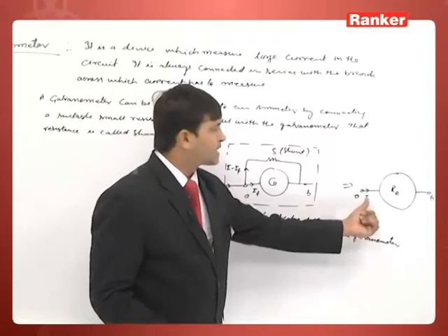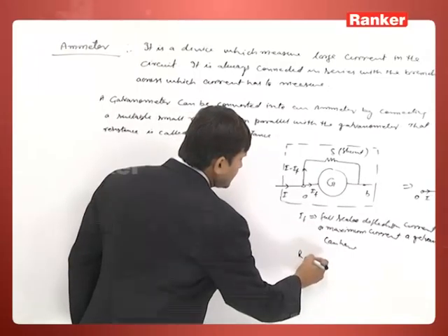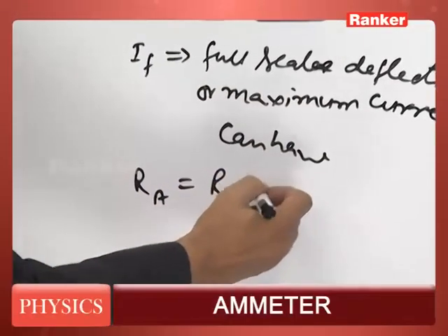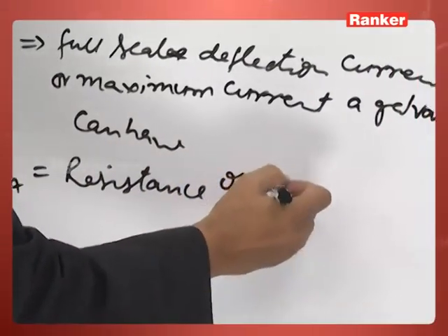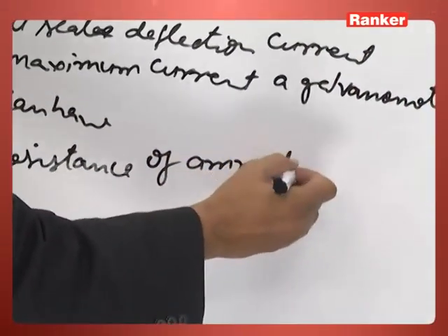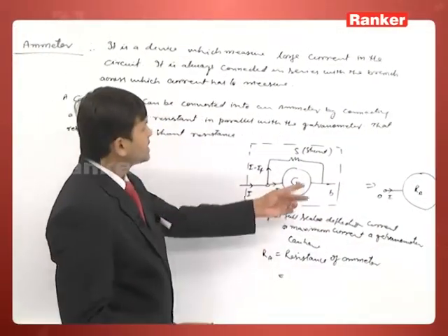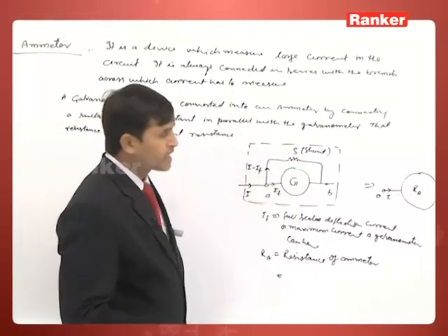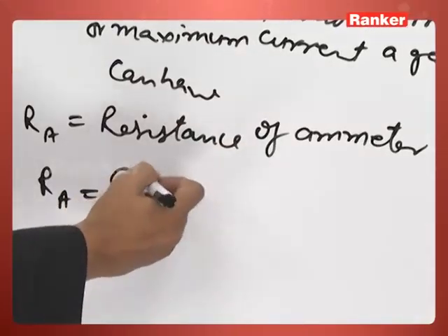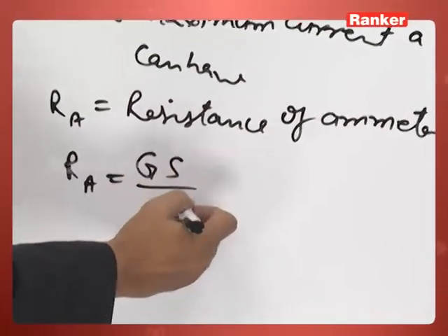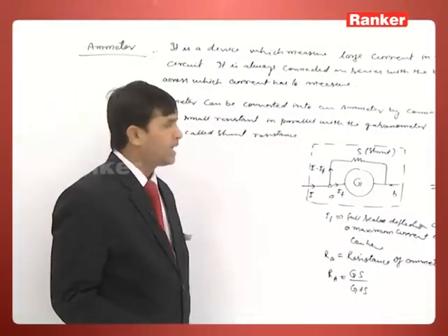Now it can have current I. These two, G and S, are in parallel. So the value of RA is G into S by G plus S. This is the value of resistance RA.